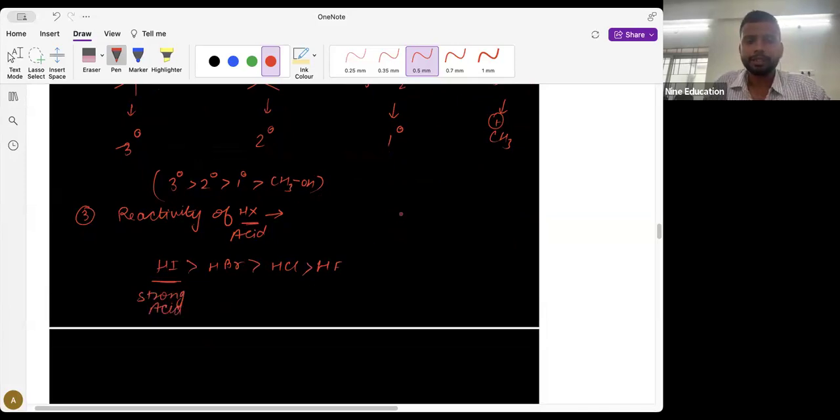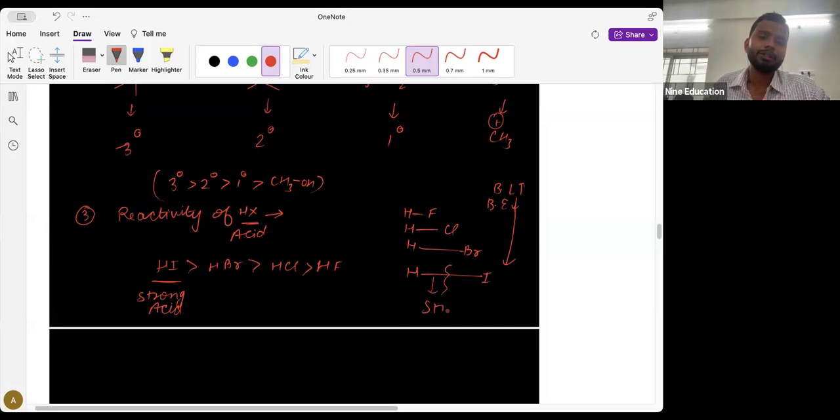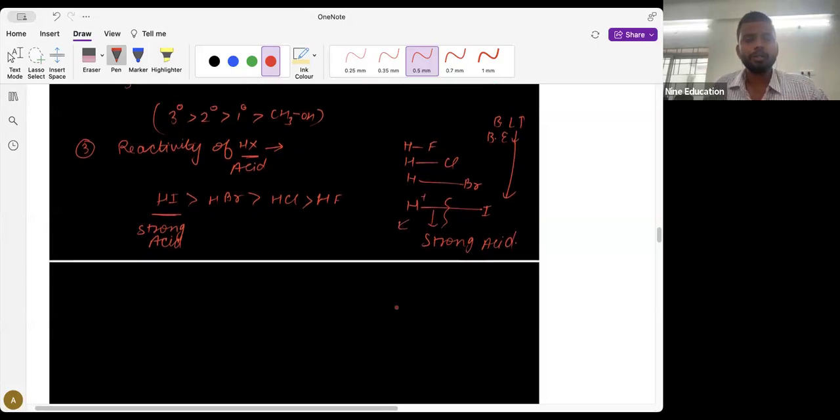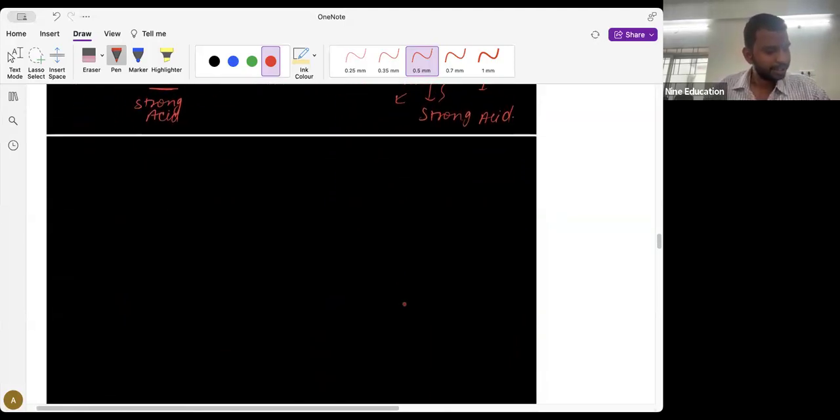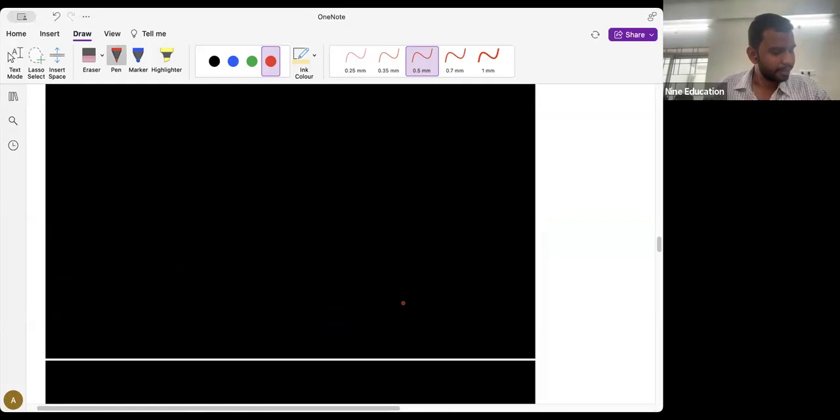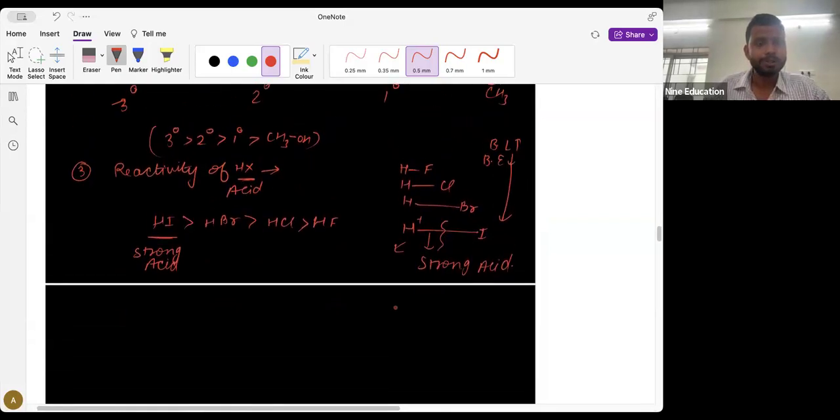See beta, going from top to bottom, bond length is increasing, therefore bond energy is decreasing. So its bond energy is very small, therefore it is a strong acid, because it can give H positive very easily. So out of all the halogen acids, HI will be the strongest acid and the reactivity of HI will be the most. So this is the third point.